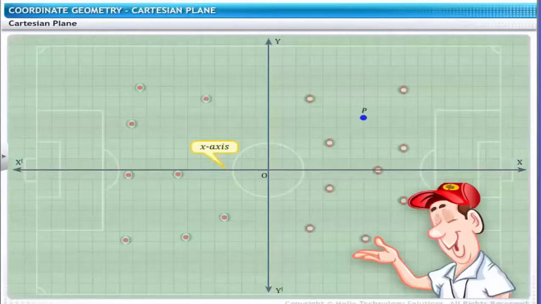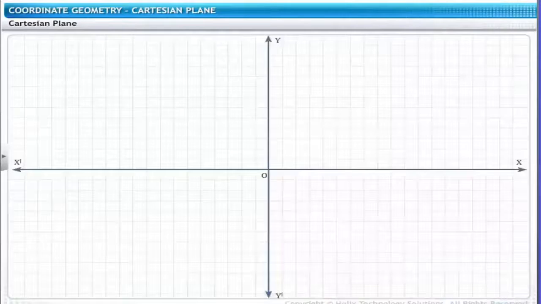The vertical line YY' is the y-axis of this Cartesian plane. The point of intersection of the two axes, x and y, is called the origin O.